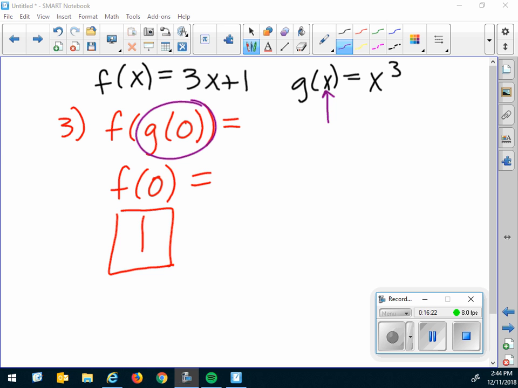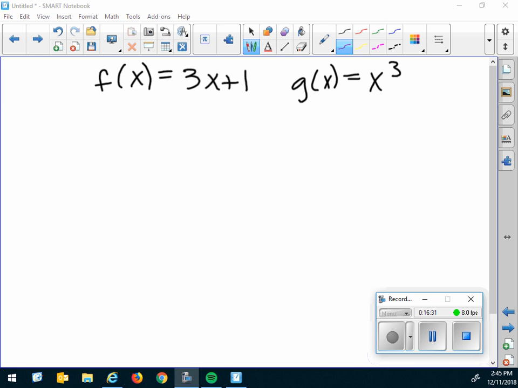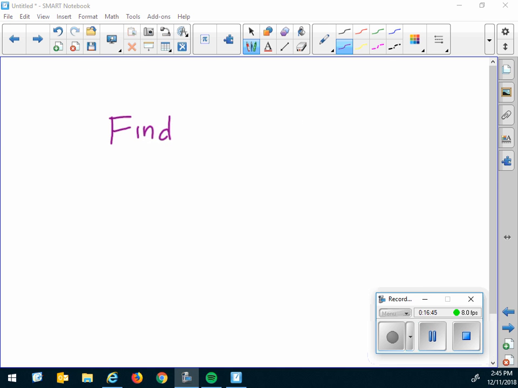Now I want you to go down to your next row. We're going to use the same functions. Now the instructions are going to look different, but here's what you're going to write. Find, sorry, I lied to you. We're going to use different functions.